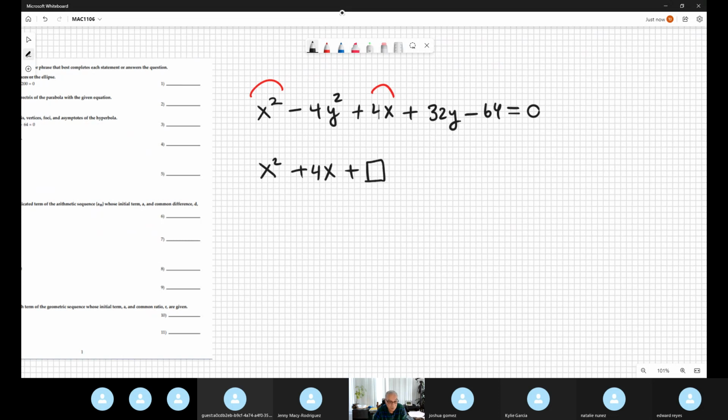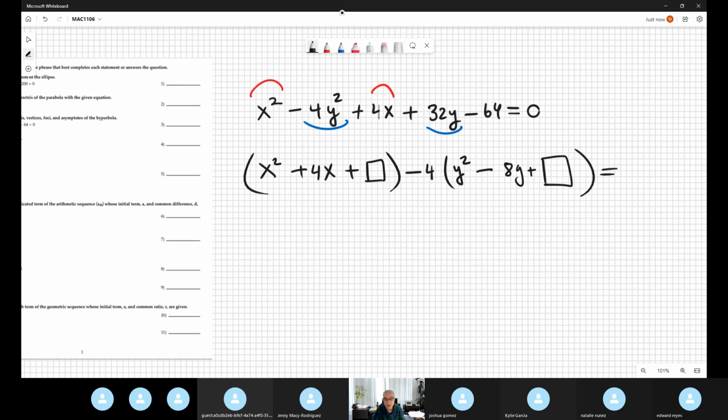I complete the square, at least in the x part. Likewise the y part. In this case negative, so I put negative 4, and we have y squared minus, I suppose it's minus because 32 is positive, but if you factor out negative and negative together, multiplication is positive. So it's minus 8y plus a box to complete the square.